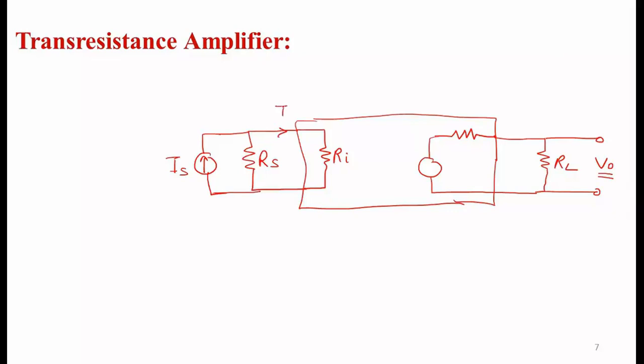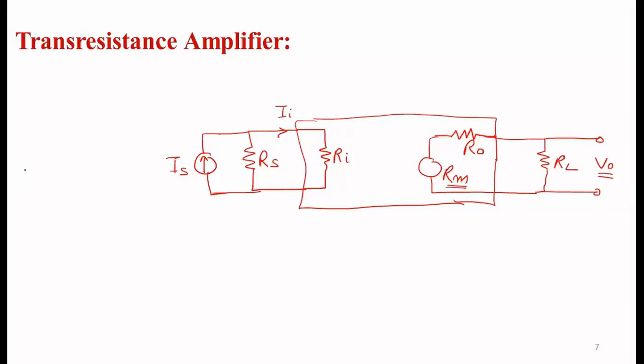So the input current II, this is the output resistance R0. And since this is a transresistance amplifier, we denote the gain with Rm. Rm shows that this is a transresistance amplifier, meaning on the output side we are receiving the voltage and on the input side we are supplying the current.